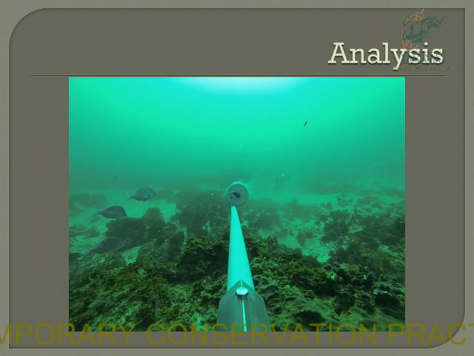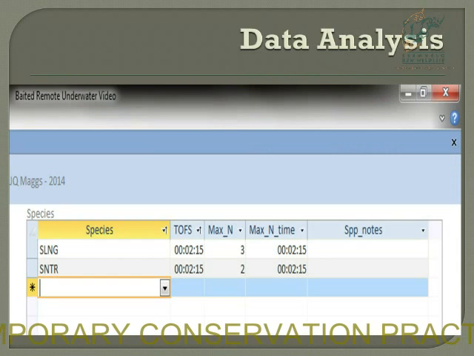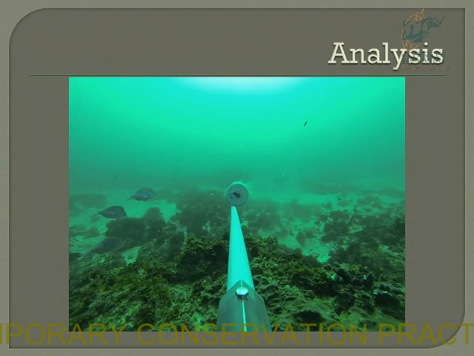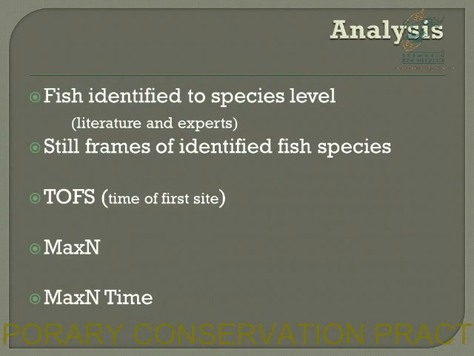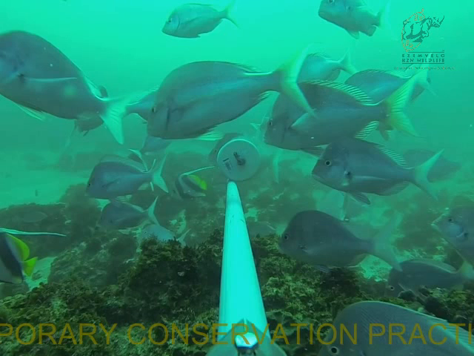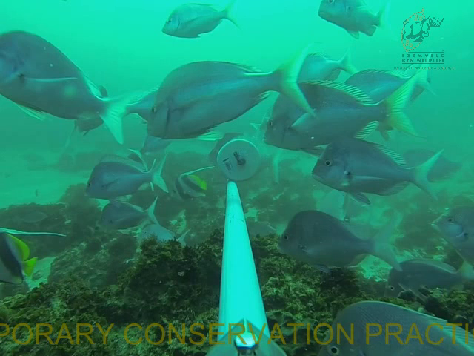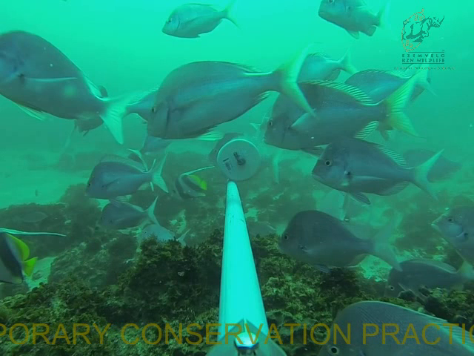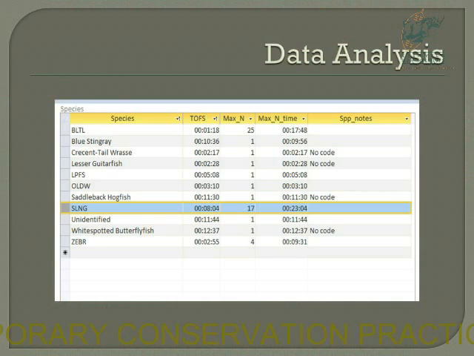You count these species and record that you have 3 species that you've seen, and then you go back to record the time of first sight, which is here. From that picture, you have three slinger species, so you record them, and this is the time of first sight.